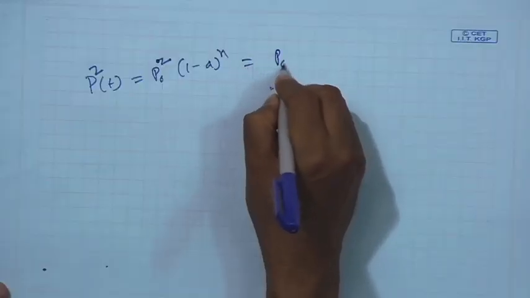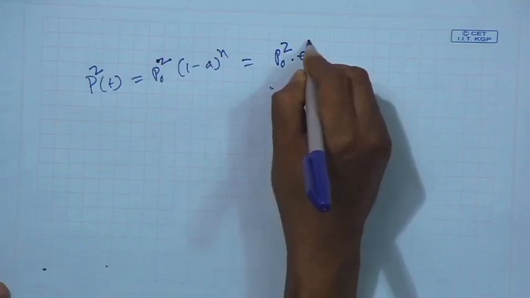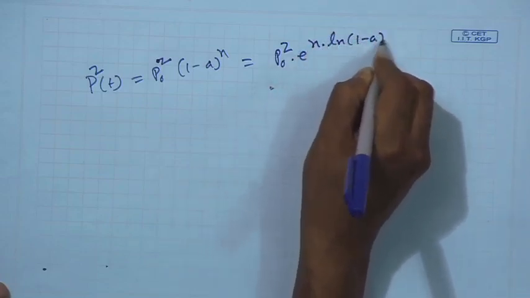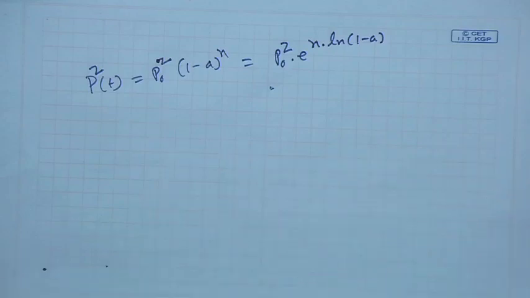Now, if it is that, then this can be represented as P 0 square into e to the power n into ln of 1 minus A.